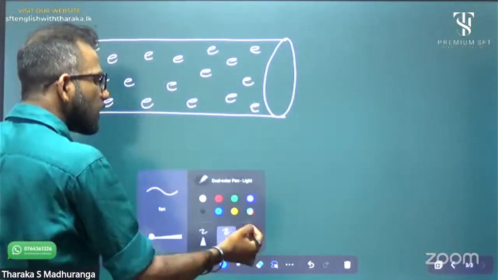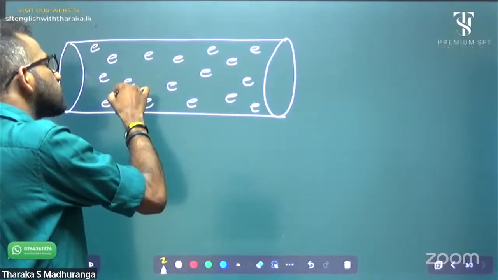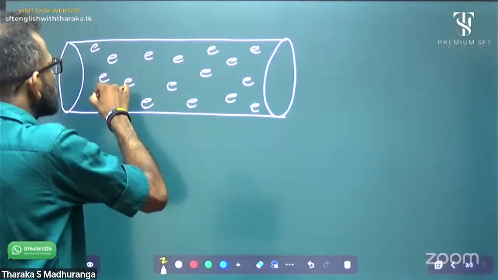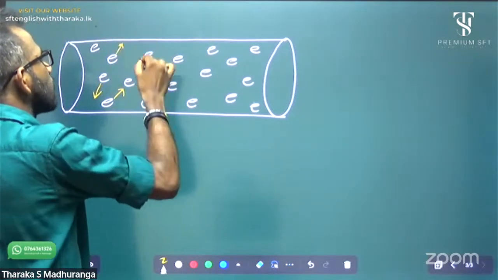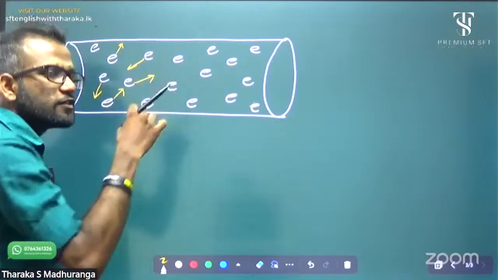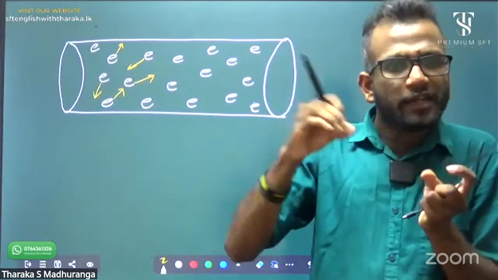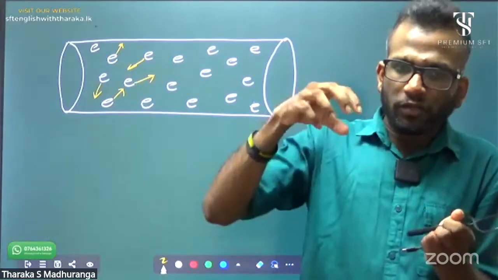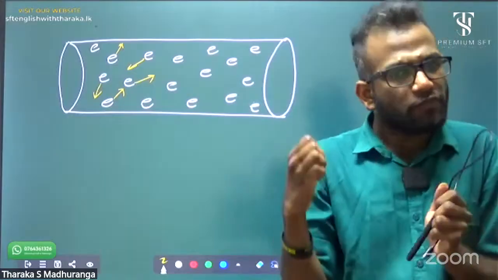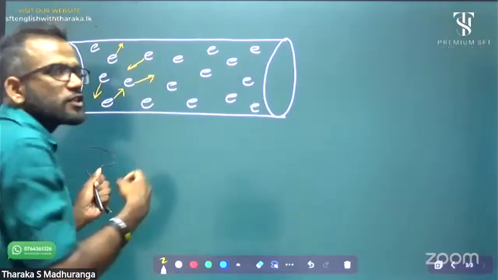This one moves in this direction, this one in that direction. Due to molecular kinetic energy, molecules are always vibrating, and due to this vibration, these free electrons also move randomly. There is no specific direction for moving.